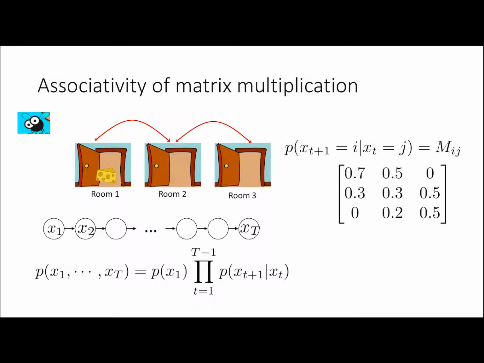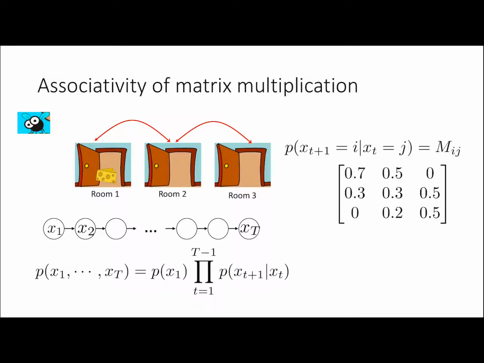Now, let's say that I'm going to represent the CPD of this distribution. Let's assume that I want to compute the state of this fly at time t. So I can represent this as a chain, right? Where the fly was at time 1, and then where the fly was at time 2, and so on and so forth.